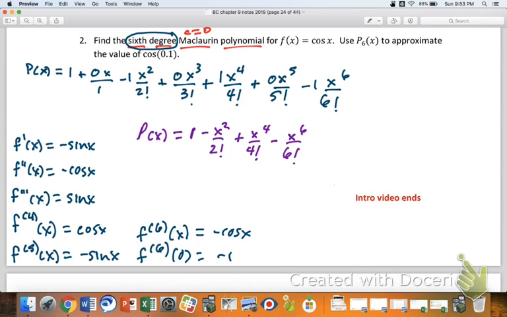Okay, so then we're also asked to use this to approximate the value of cosine of 0.1. So maybe that could look something like this. So cosine of 0.1 is approximately equal to p of 0.1. And then all we'd need to do here is use our Taylor polynomial to figure out what that is.